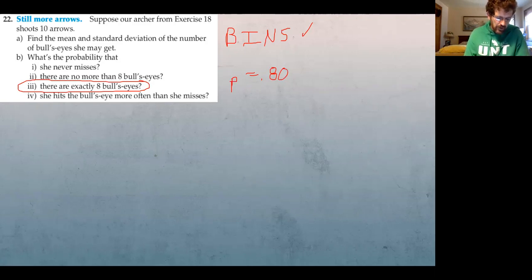All right, so now we need to use this formula. The probability of 8 bullseyes, so x equals 8, is n choose k times p to the power of k times 1 minus p to the power of n minus k. So what is n for this problem?